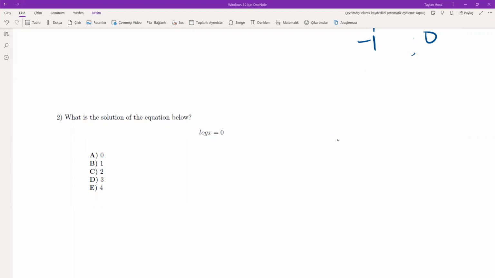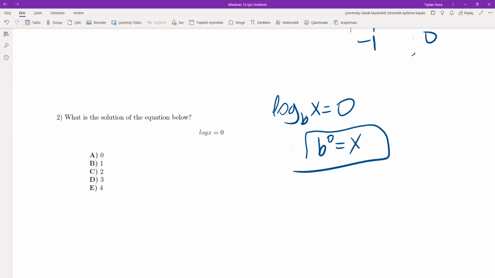For example, log in base b of x is 0, which means b to the power 0 is x. What is b to the power 0? 1. Yes, thank you, Maria. So log 1 is 0. You can have such easy questions.